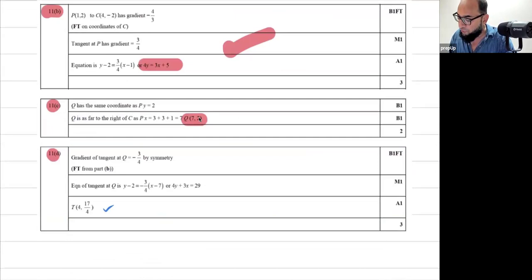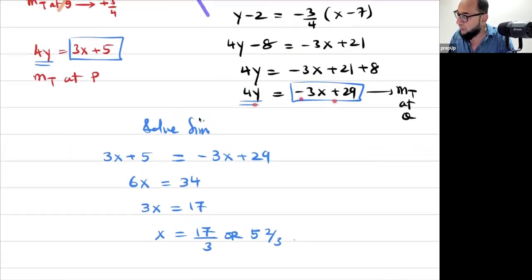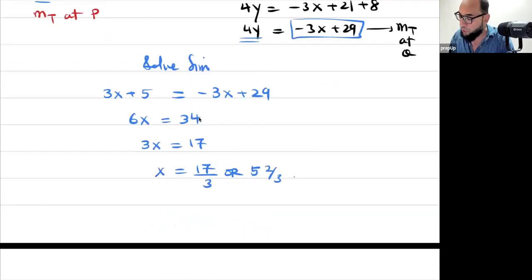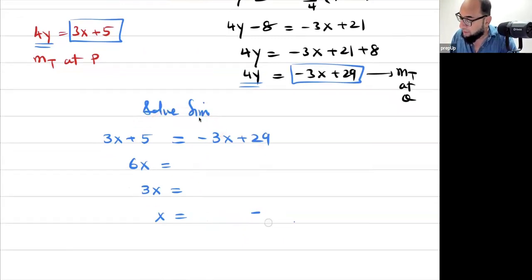And 4y plus 3x is 29, so 4y equals negative 3x plus 29. This is all good. So now this goes on the other side: 29 minus 5. I made this mistake. So 29 minus 5 is 24. Therefore, x equals 4. That is all good, all clear.